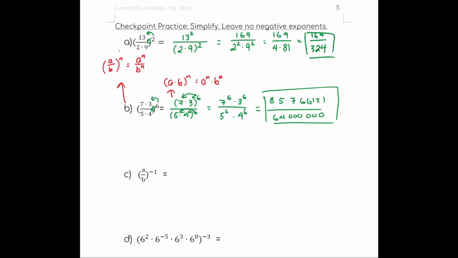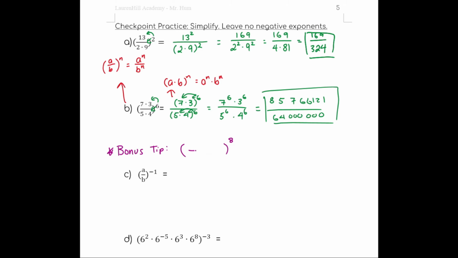So you could save some time. Here, I'll write a bonus tip. If you have something in brackets that's raised to an exponent like 8, and inside these brackets there's absolutely no addition, absolutely no subtraction, no addition, no subtraction, but you have multiplication and division.